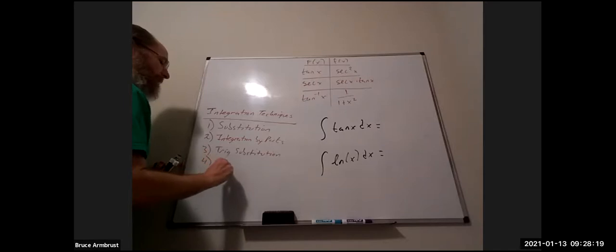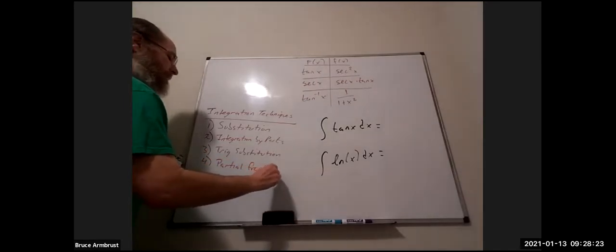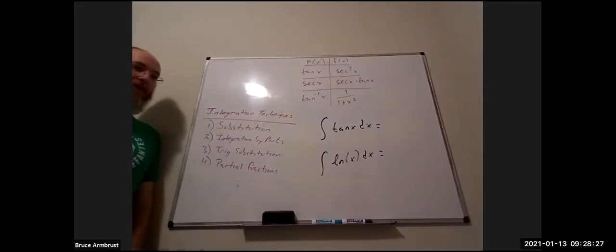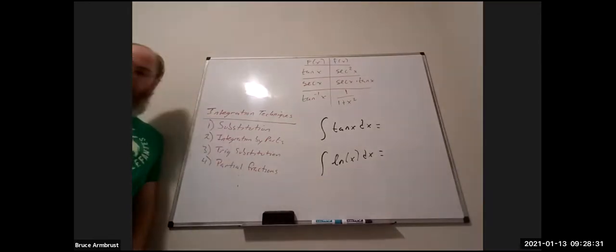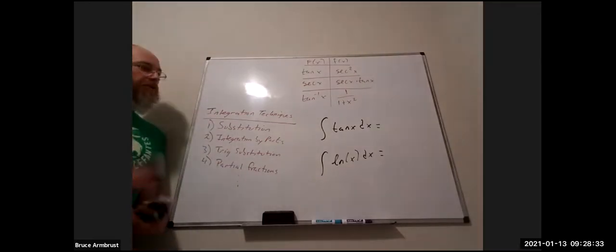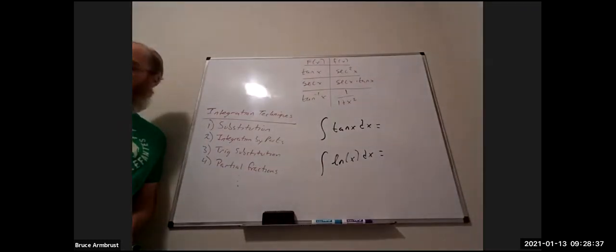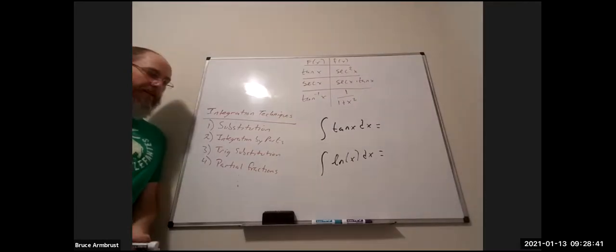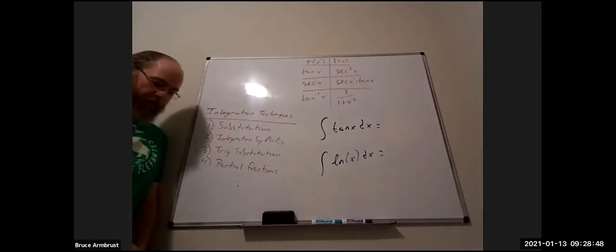There's partial fractions. And some others, but these are the big four we're going to learn. And each of these methods is used with certain forms of functions, depending upon what it looks like. We're going to use different things to help us get there. But we're going to start easy. We're going to start with substitution.